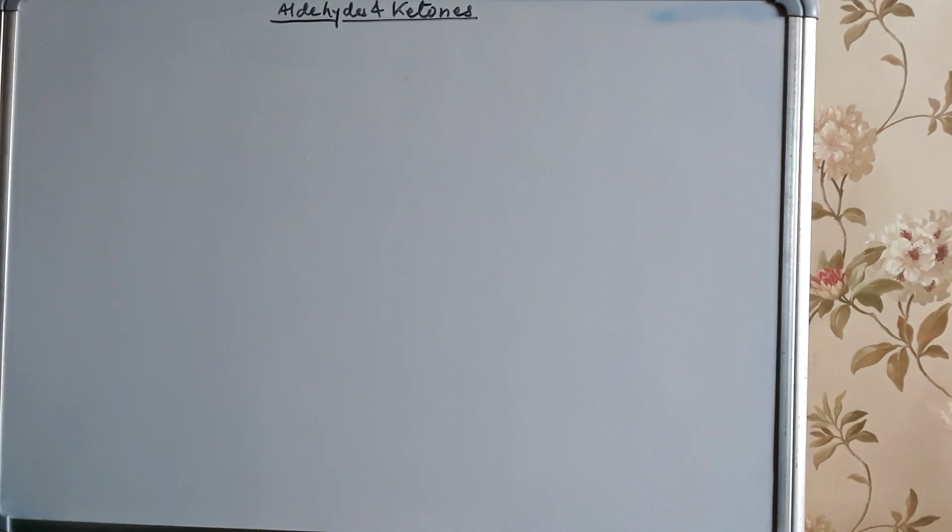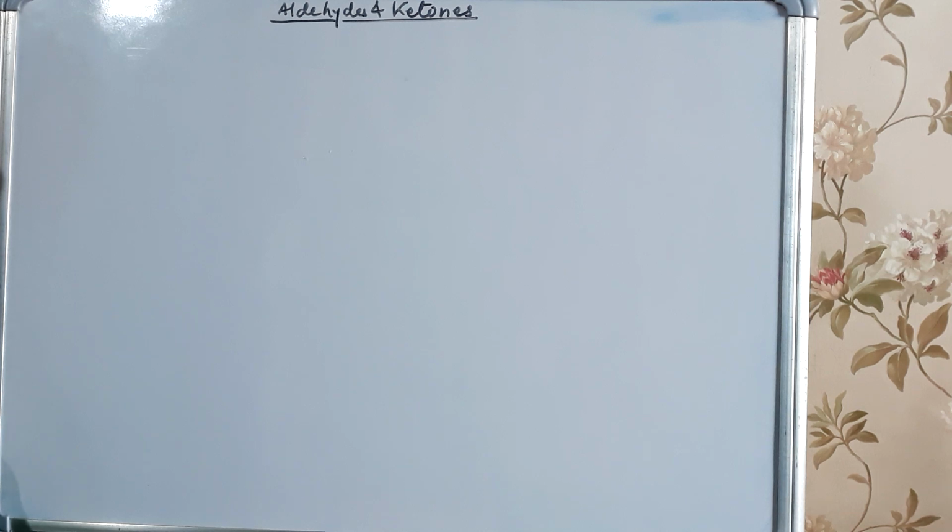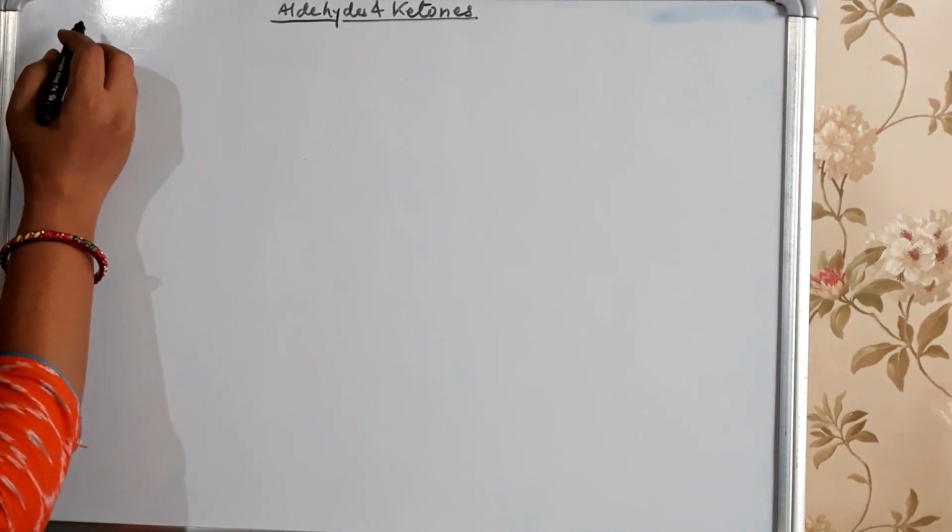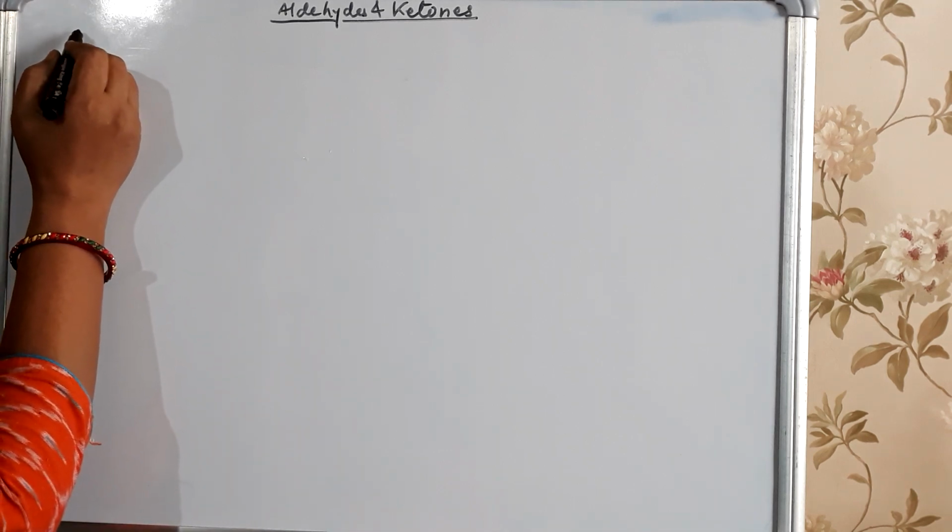Today I am going to explain again the preparation of aldehydes and ketones. In the previous video you have already read the different methods for the preparation of aldehydes. Now let us see preparation of aldehyde from hydrocarbons.